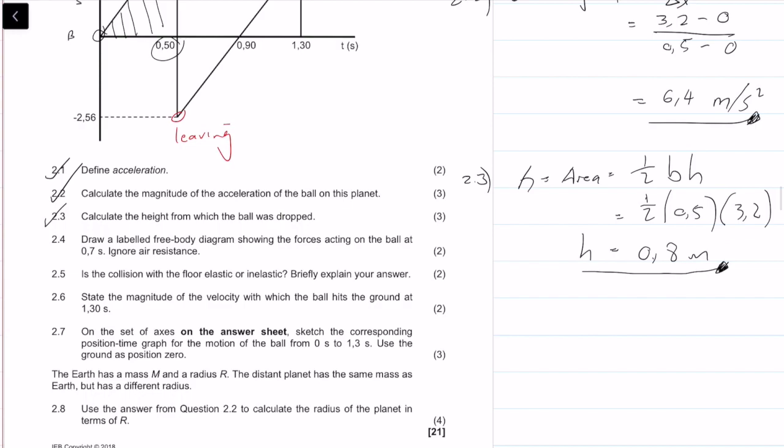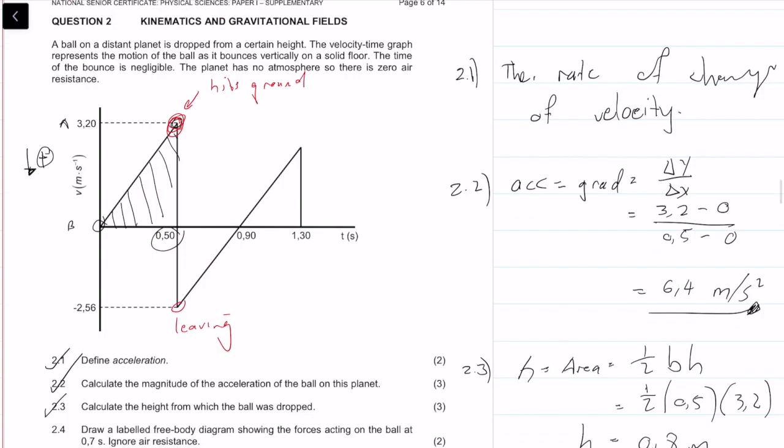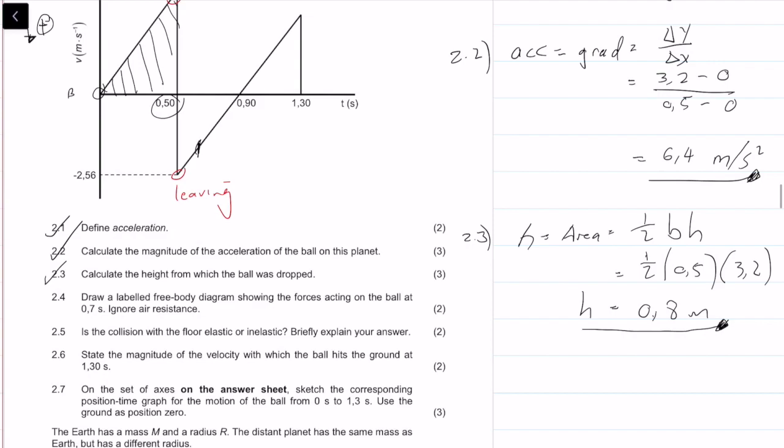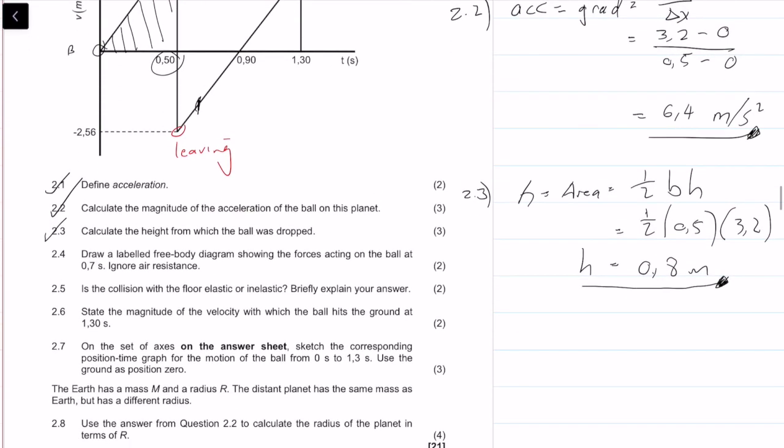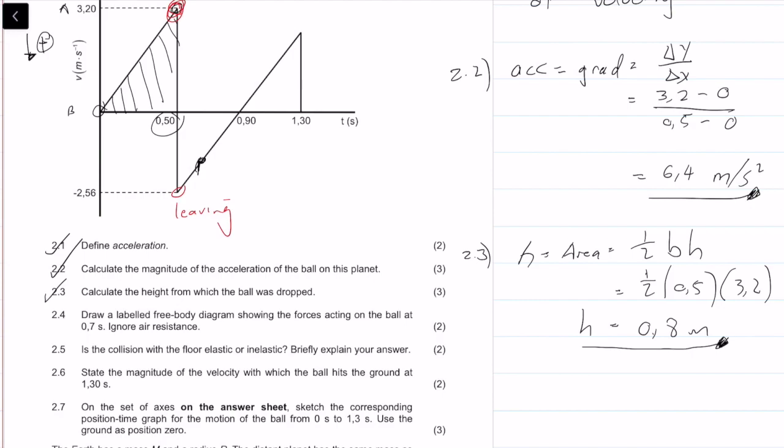Okay, then it says 2.4, draw a labeled free body diagram showing the forces acting on the ball at 0.7 seconds. Okay, so where is 0.7 seconds? It's probably somewhere here. So what forces are acting on it? This is where the ball has now hit the ground, it's left the ground, and at 0.7 seconds it's moving upwards again.